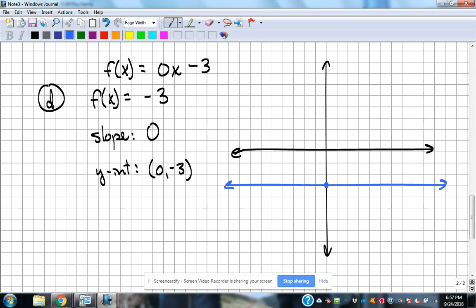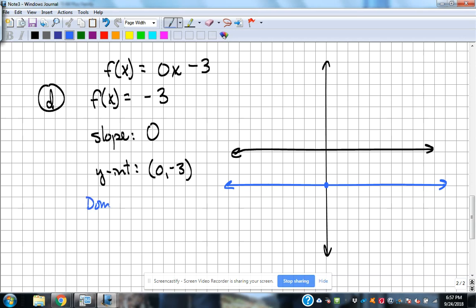So this is y equals -3, or f of x equals -3. Go to -3, just draw a horizontal line. If it was y equals 7, you go to 7 on the y-axis and draw a horizontal line. Memorize that fact. Too much mess to think up 0 over 1. I don't think it helps you. Memorize that it's a horizontal line.